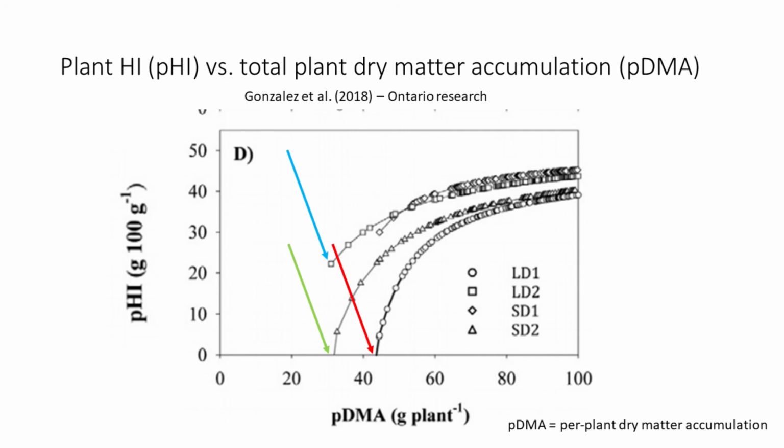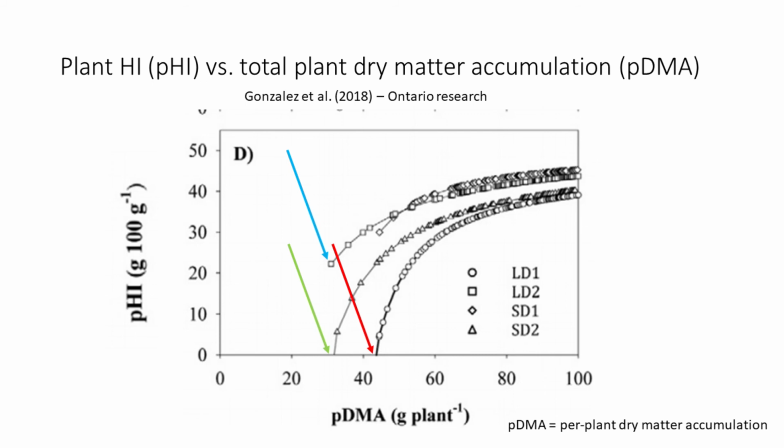In other words, the minimum plant mass required for that corn plant to set grain. The variety with the red arrow has a minimum PDMA requirement of about, let's say, 42 grams per plant. So below 42 grams per plant, that variety will not set seed. It'll have a harvest index of 0.